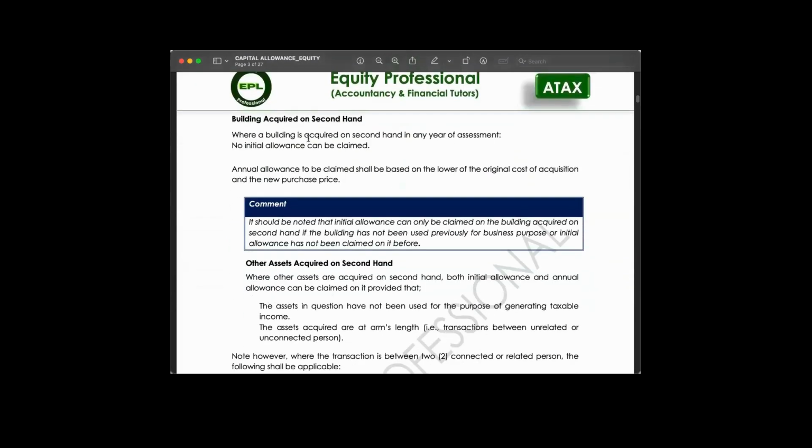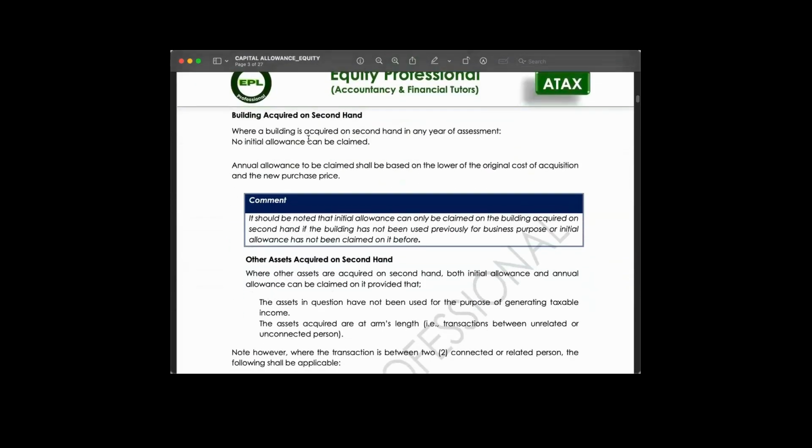Now, for other assets acquired on second-hand basis, no initial allowance should be granted. The annual allowance to be granted shall be based on the unexpired useful life of the assets.